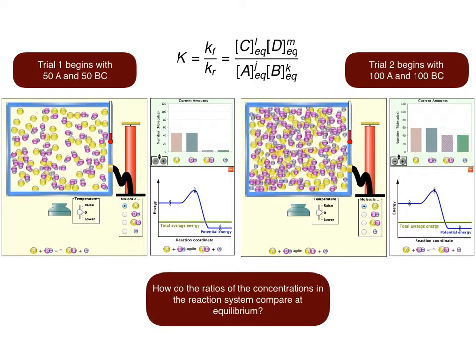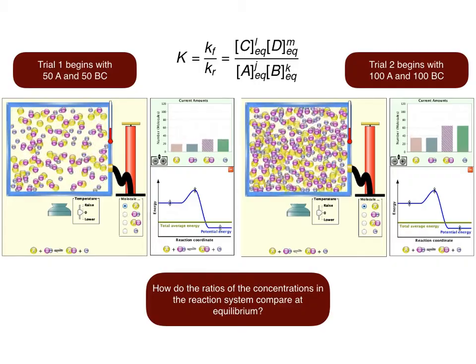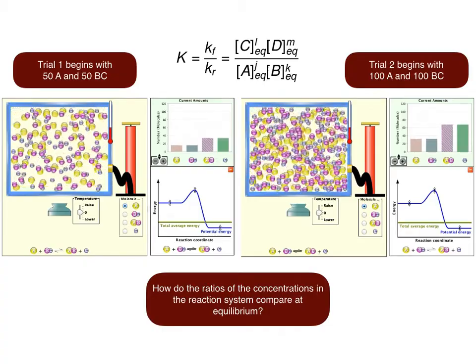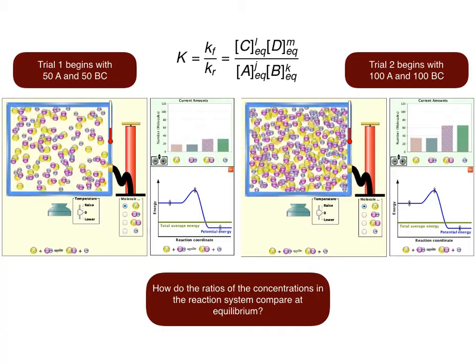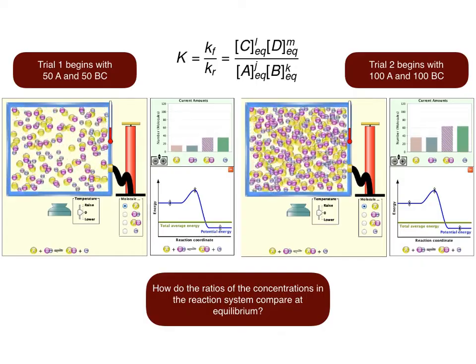Let us take the same reaction system below at a constant given temperature. It doesn't matter what the system begins with. Over time, the ratio of products to reactants will shift to become a constant value at a given temperature.